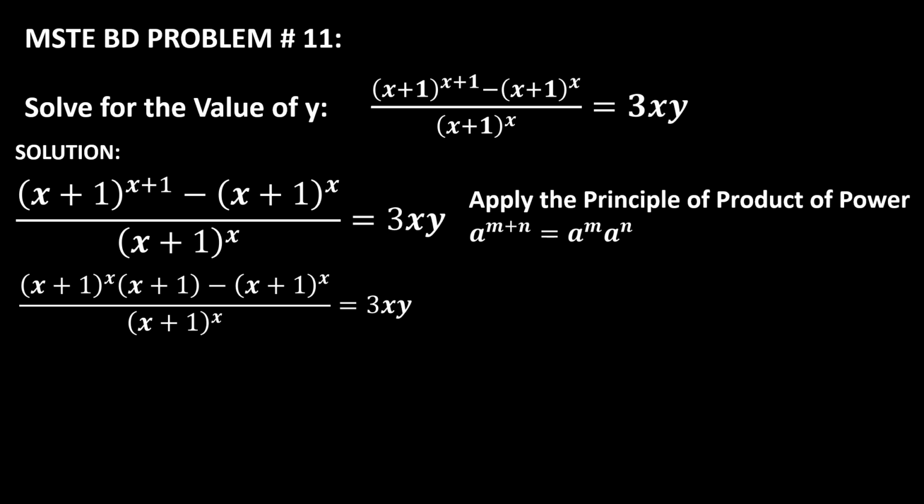Time is up. The best answer is the law of cancellation. The best solution is to cancel all (x plus 1) raised to the x power for every term containing it.